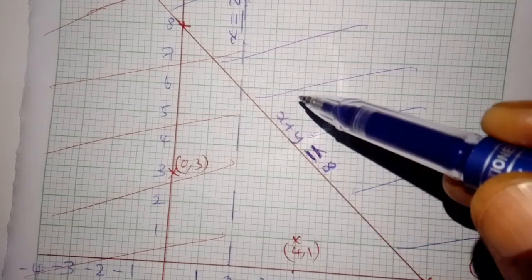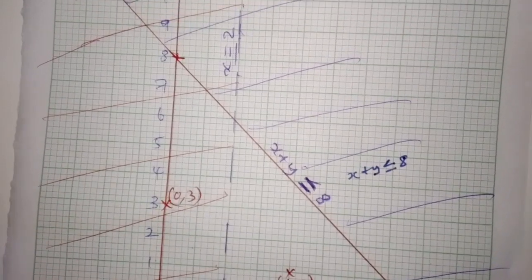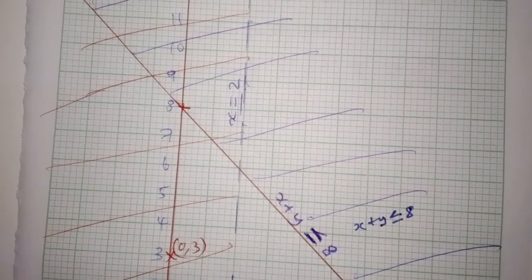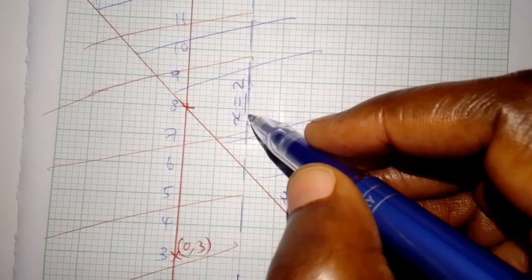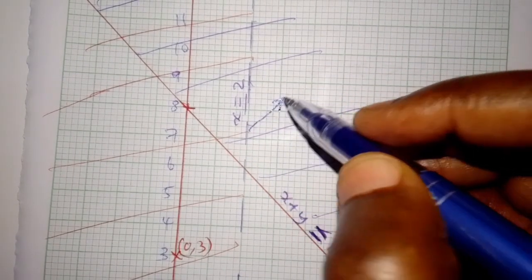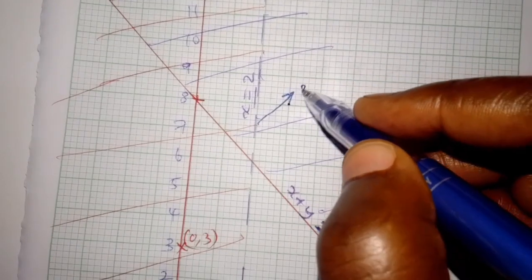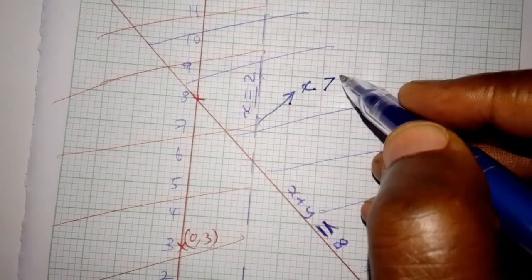That's why it is a continuous line here. And x is equal to 2 here is a broken line, because x is greater than 2.